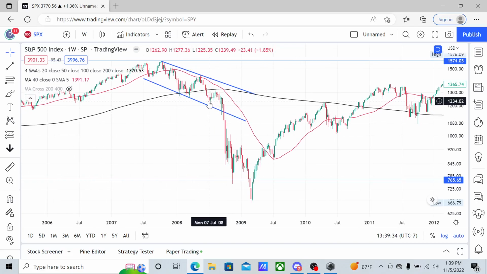So obviously, where are we at? This is summer 2008, and by September, October is when we started our really violent moves downward, and the economy was spinning out of control. This is where Lehman Brothers collapsed. I believe they went bankrupt.